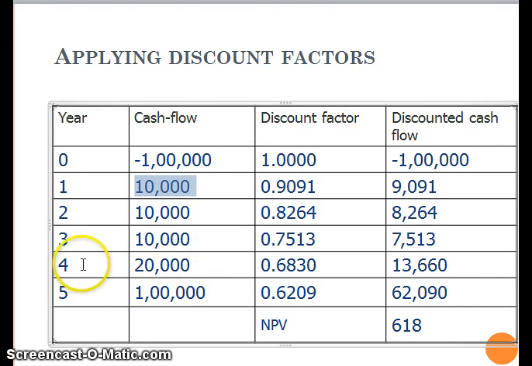When you take the fourth year, you are getting a benefit return of 20,000. So how many rupees or dollars should you invest to get 20,000 in 4 years? This gives the value.